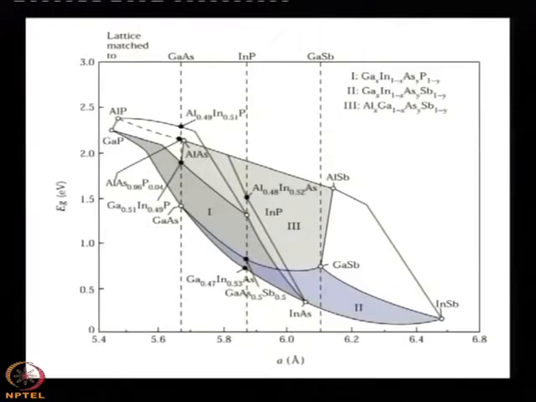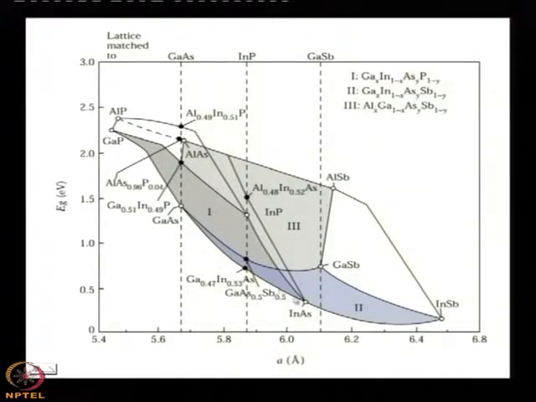Okay. Now if you see those structures, this is the constraint of the lattice mismatch. Here in the x axis I have shown you the lattice constant, and in the y axis the band gap.